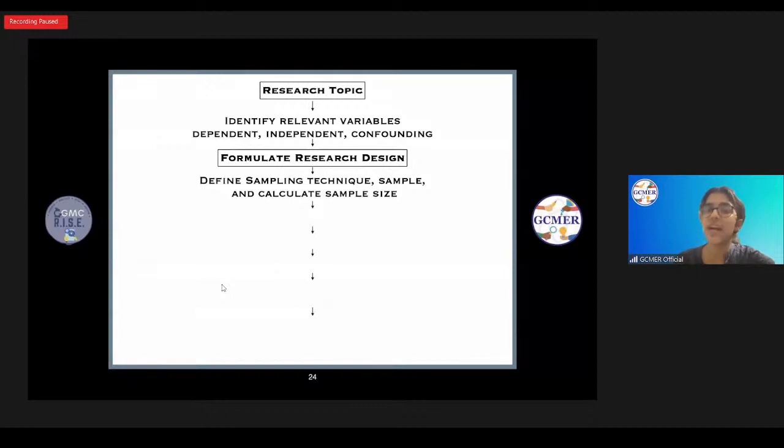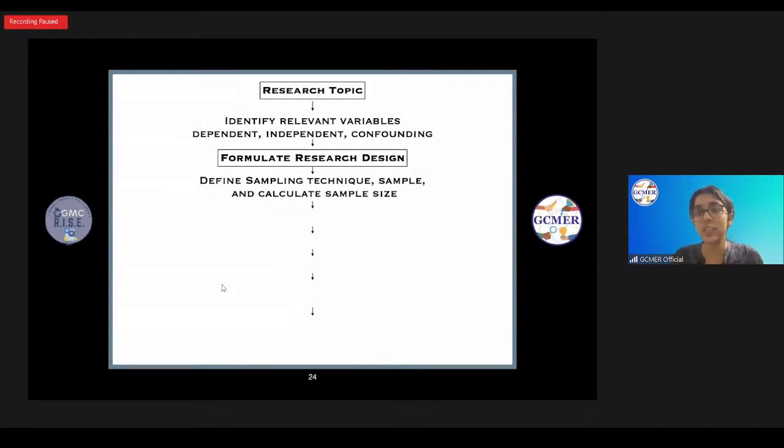And the reason why defining your sample and calculating your sample size is different is because, for example, if I want to say that I want to do research in diabetes, okay, my sample is going to be diabetes type 2 patients of a certain age group in a certain geographical area. Okay, that's my sample. I'm defining my sample.